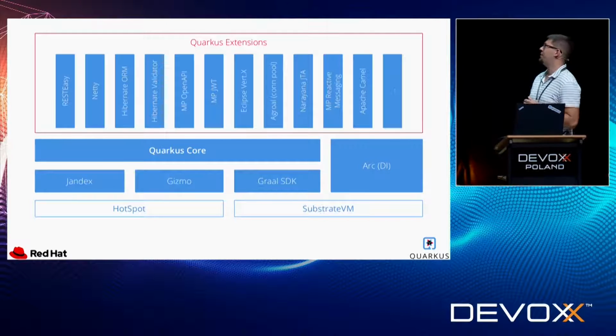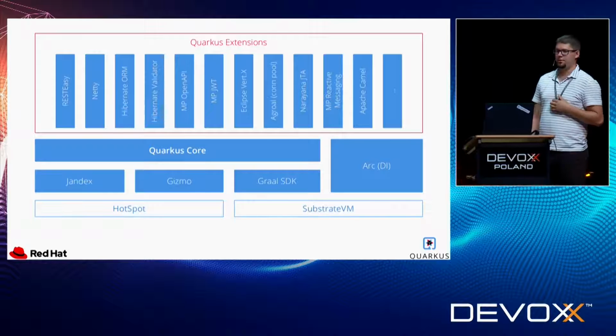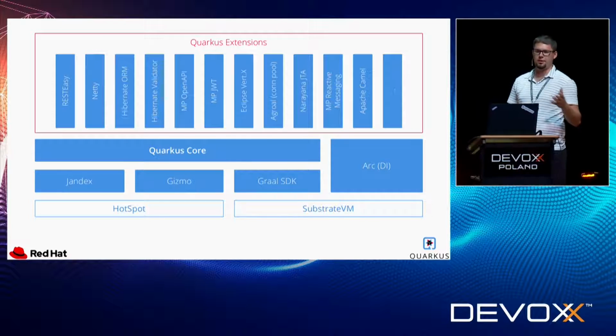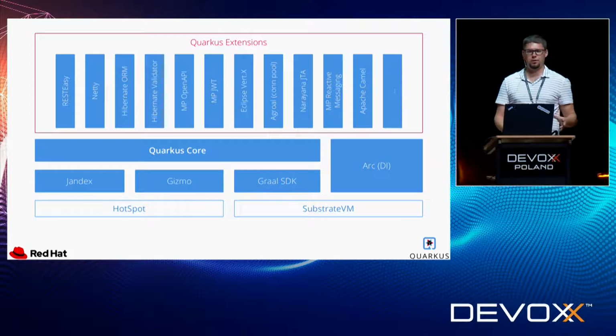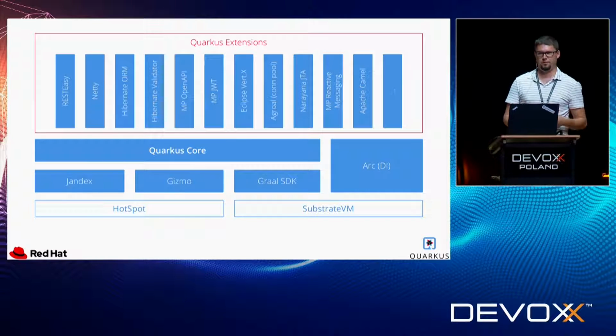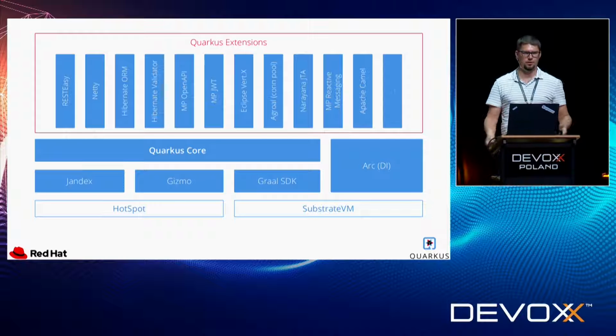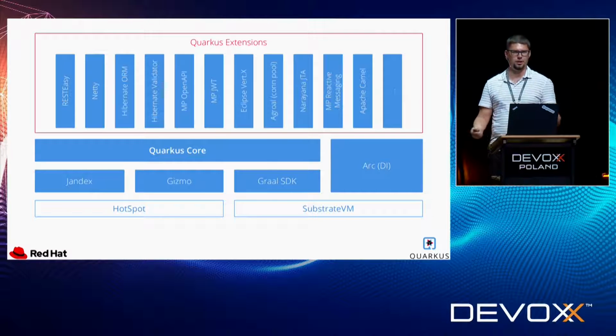This is a bigger picture of how it works. You have Quarkus extensions, like for example RESTEasy or Hibernate, that use Quarkus core to handle all the stuff like reload and native stuff.